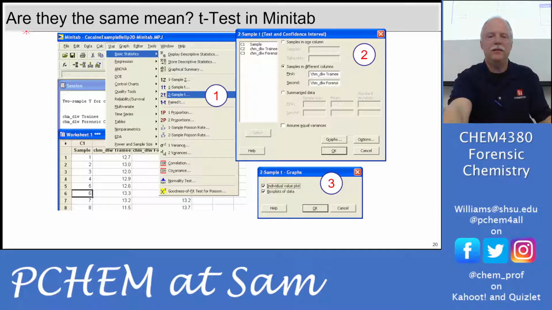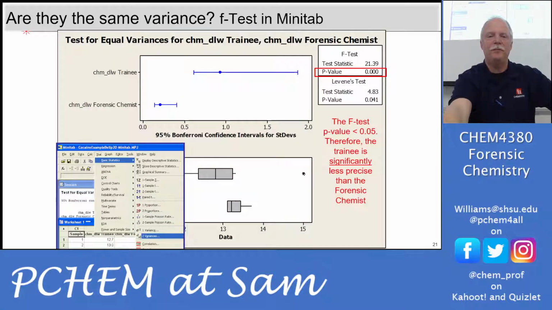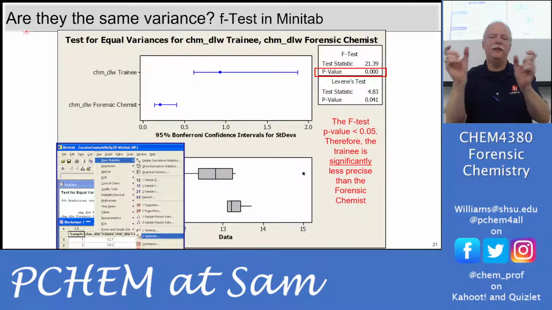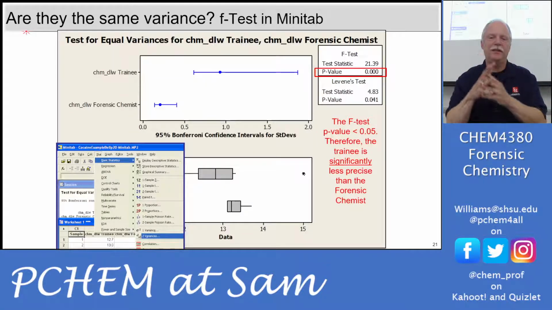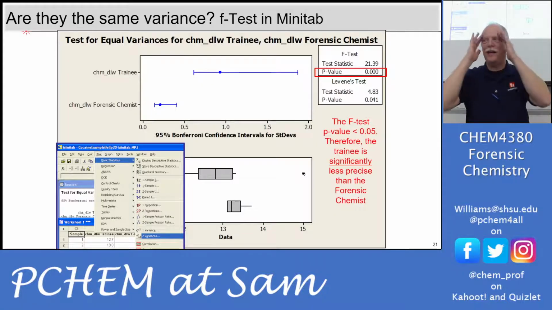We can do some of this same stuff in Minitab, so I just have this on the video if you want to do that in Minitab, the two sample t-test, and here's how you set up the dialog boxes to get this plot. So this shows you the equal variances test. It gives the standard deviations and confidence intervals on the standard deviations, and so that kind of breaks your brain. It's not a confidence interval on the value trying to capture the true value.